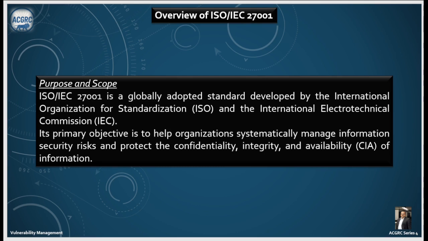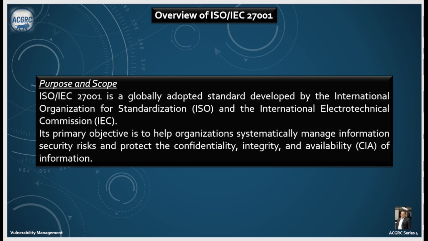In a vulnerability management context, the purpose ensures that vulnerability management is not just about fixing the bugs, but about protecting the confidentiality, integrity, and availability of all critical information. The scope ensures you define which systems are in scope for vulnerability scanning and patching.